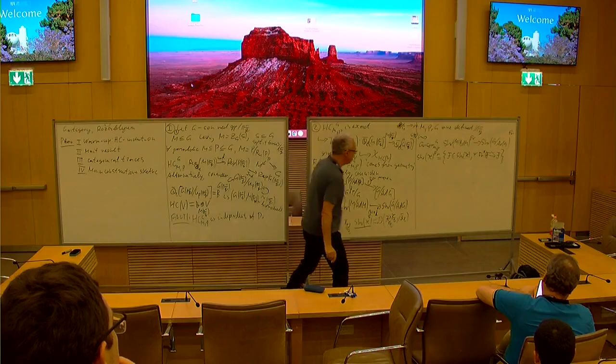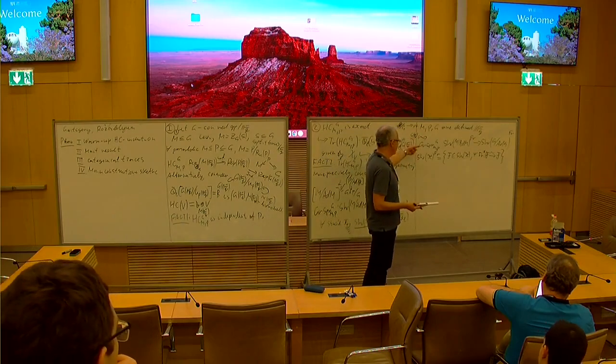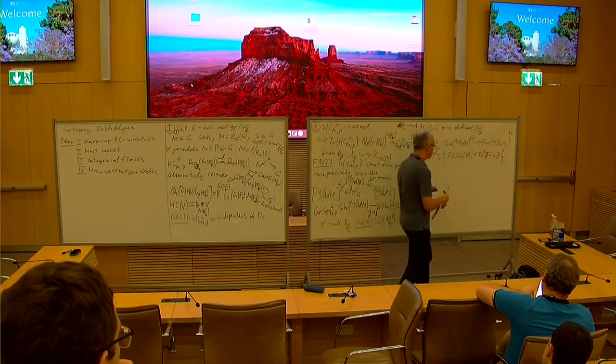So everything is Frobenius equivariant, and in particular it induces a map on Frobenius-equivariant objects.